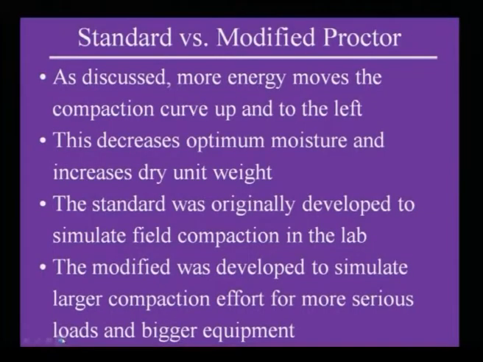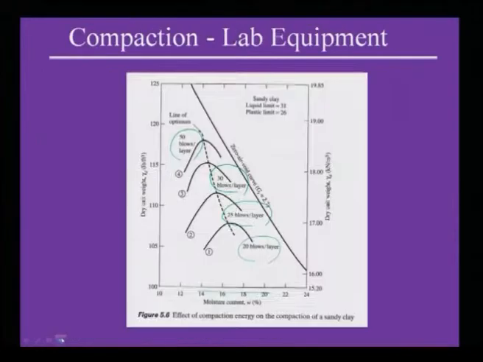More energy moves the compaction curve up and to the left. That means if I provide more energy, the curve moves up and towards the left. One case 20 blows, other is 25 blows, 30 blows, 50 blows.